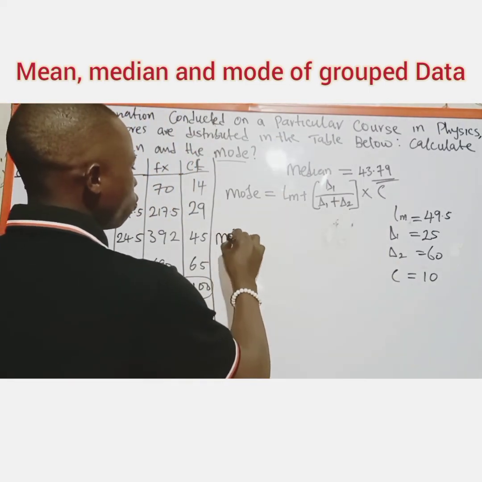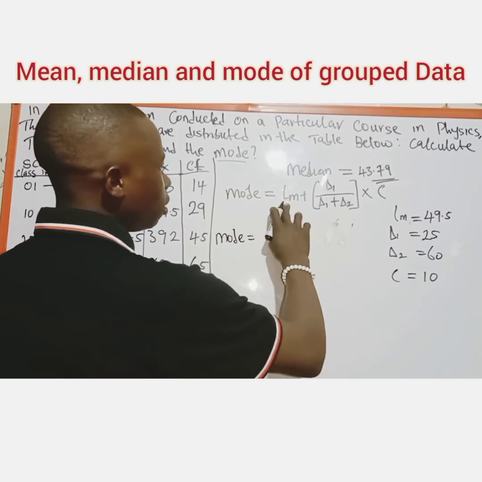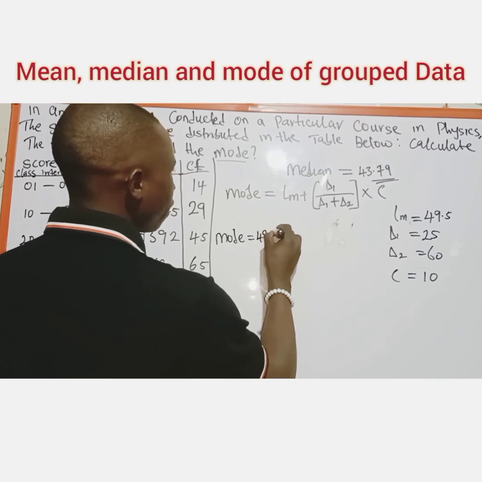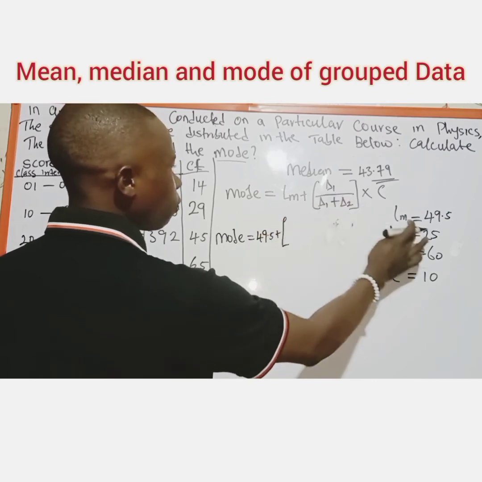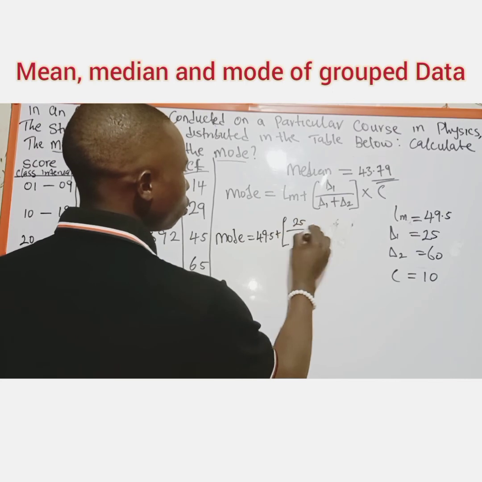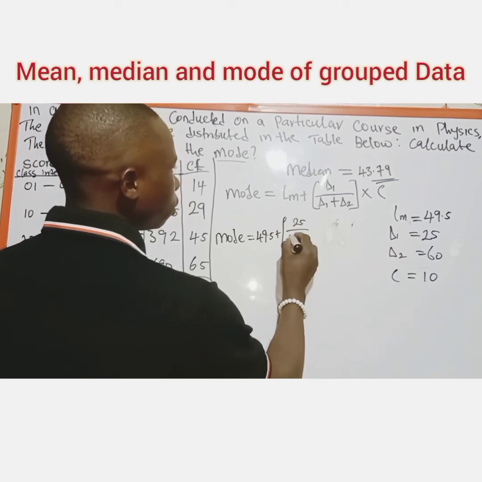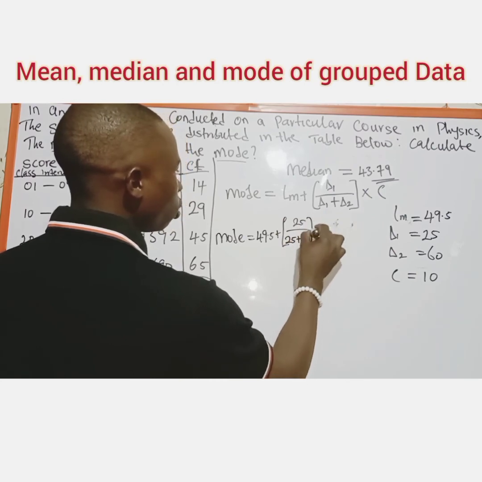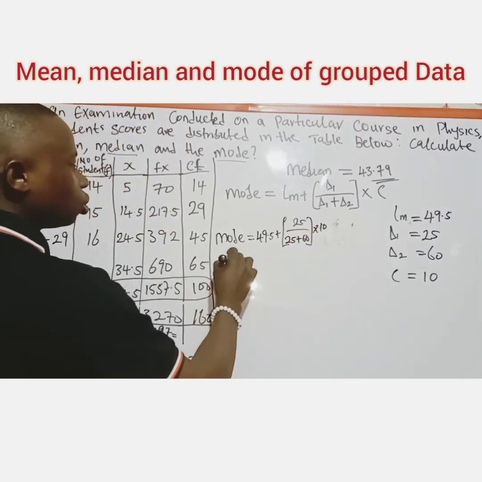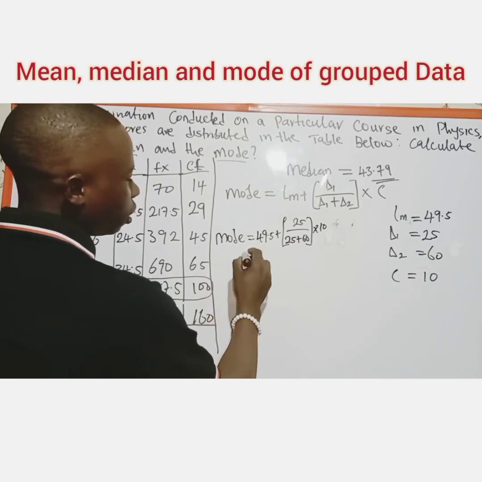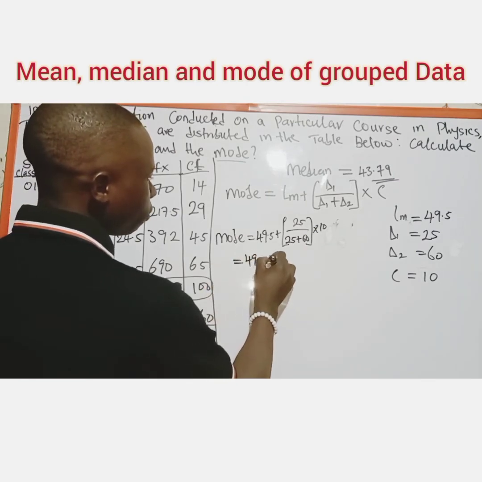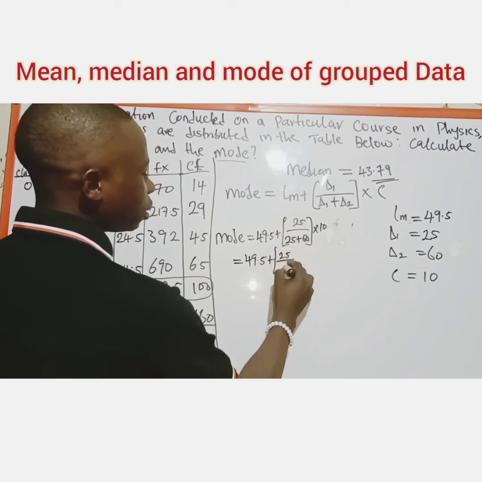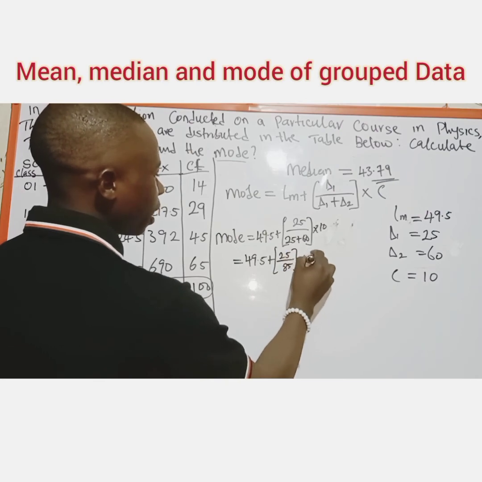Mode will be equal to the lower class boundary of the mode, which is 49.5, then plus, you open bracket, delta 1, which is 25, all over delta 1 plus delta 2, which is 25 plus 60, all multiplied by 10. So the mode now will be equal to 49.5 plus 25 over 25 plus 60, which is 85, multiplied by 10.